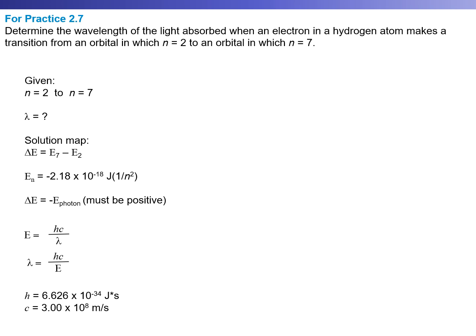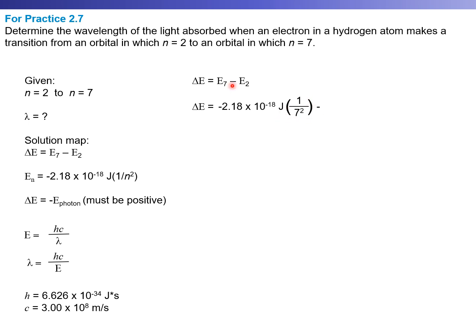So with all of this laid out, let's go ahead and start working the problem, and we're going to start by calculating the energy between these two orbitals. So we'll start with this formula, and we're going to calculate this value right here, the energy in this 7th orbital for a photon of light, and that's going to be negative 218 times 10 to the negative 18 joules times 1 over 7 squared.